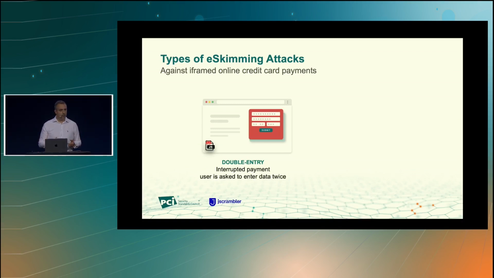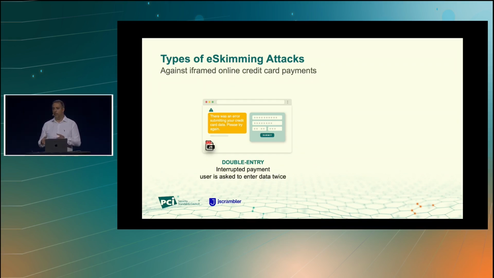I'll give you an example. For instance, if we overlay a fake iframe on top of the real iframe, and we trick the user into entering data into the payment form, then at a later stage, the user might be shown an error, and then might be asked to enter the payment information again, this time around on the real form.